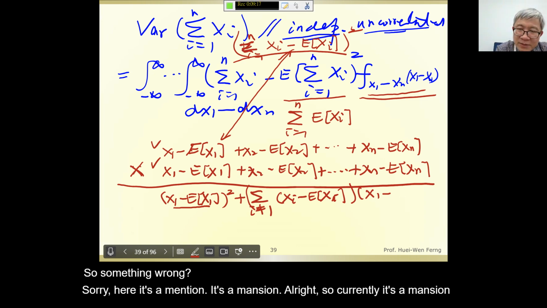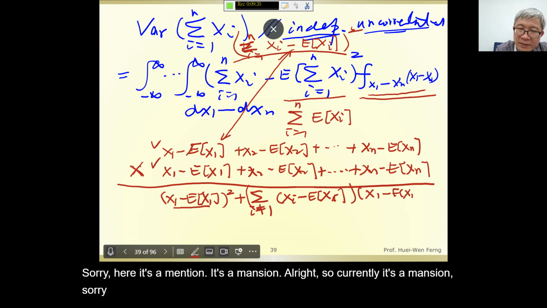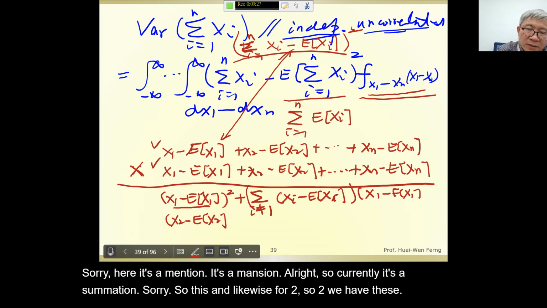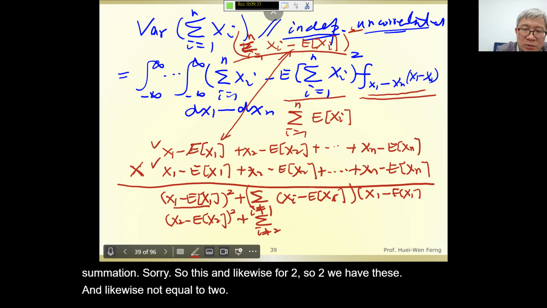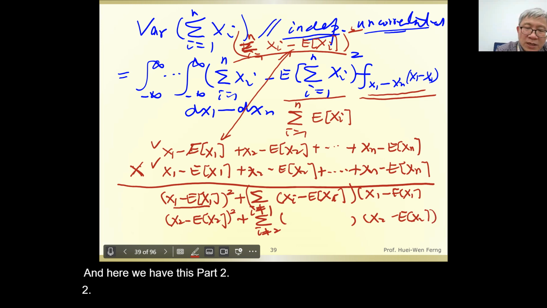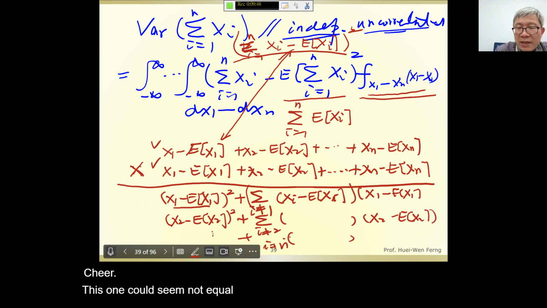And likewise for the second term, and likewise the cross terms not equal to 2, up to n.